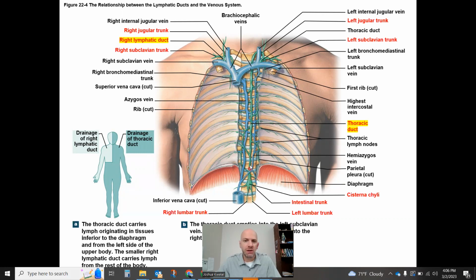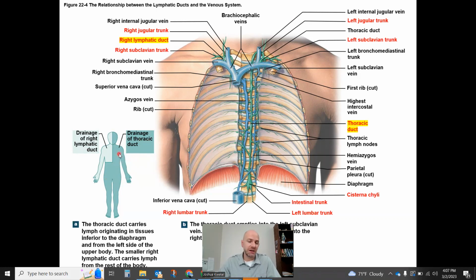Okay, it's the largest of the lymphatic vessels, and all the lymph flows superiorly, and then you can see it loops around and it dumps here right at the juncture between the left subclavian vein and the left jugular vein. Okay, right there is where lymph from 3/4 of the body is returning to the venous system.